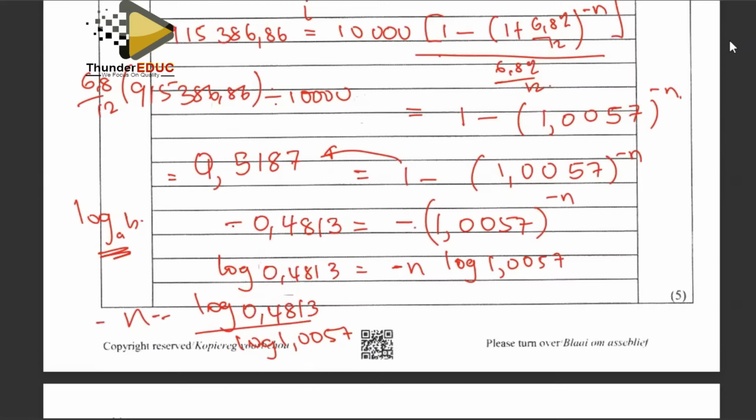So since it's negative n, it's going to give me a negative 128.6573. So n is approximately 128.65. I don't know how true this is.